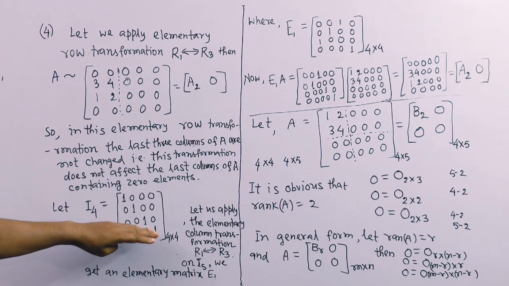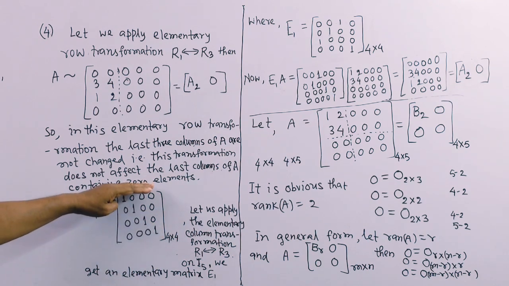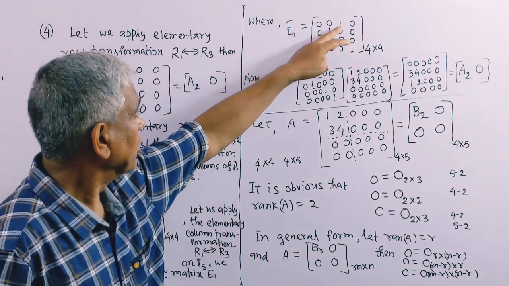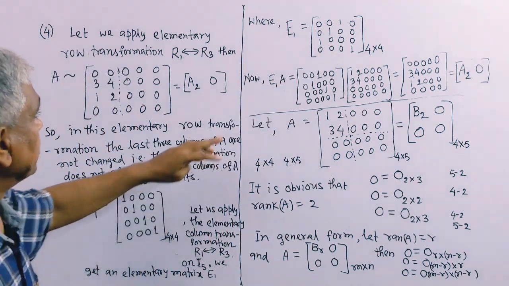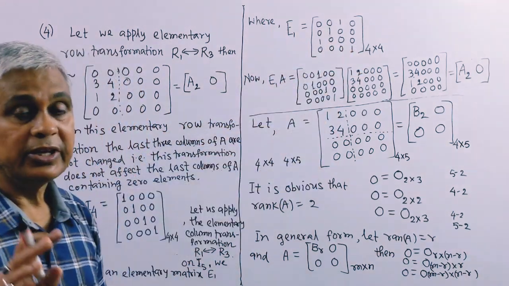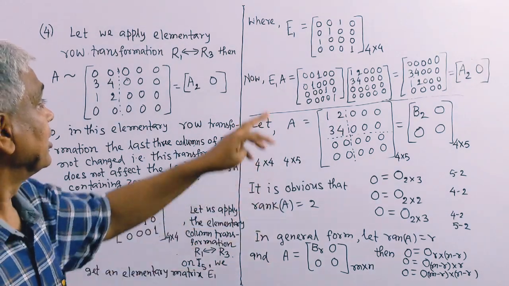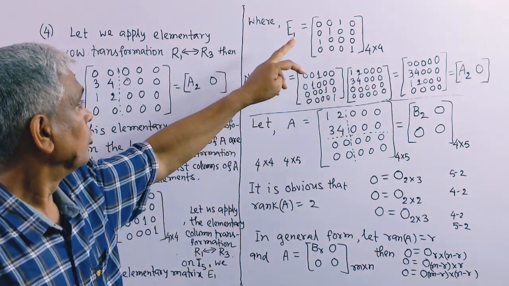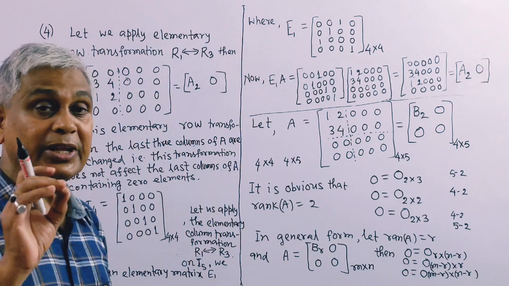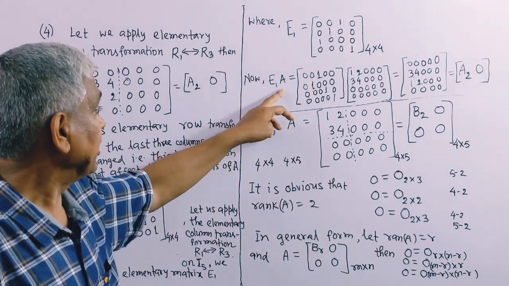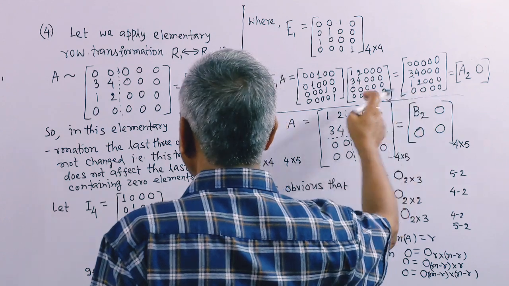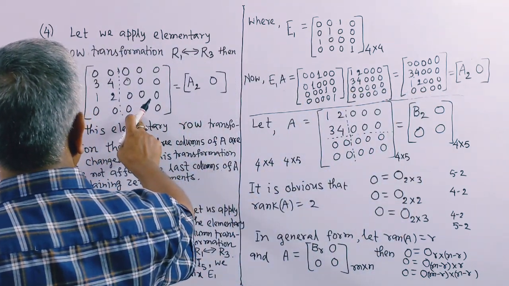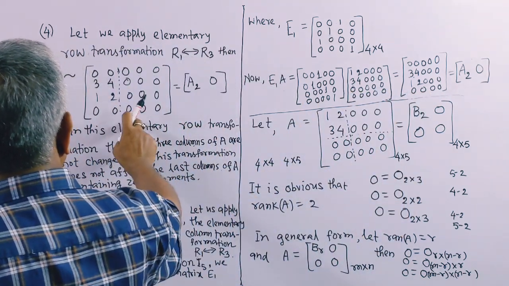Means we write elements of row 3 in place of row 1 here, and we write elements of row 1 in place of row 3 here, and we get an elementary matrix E1. We pre-multiply E1 with A, we get this result. And this result is the same as this result, means reduced form of A.